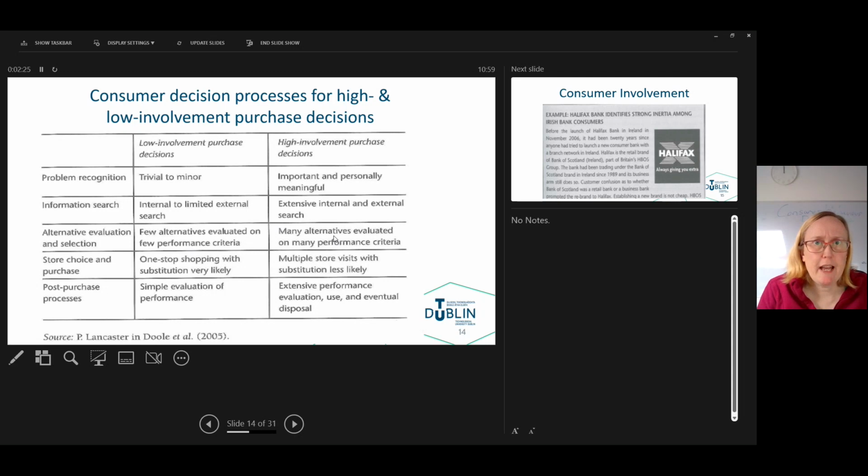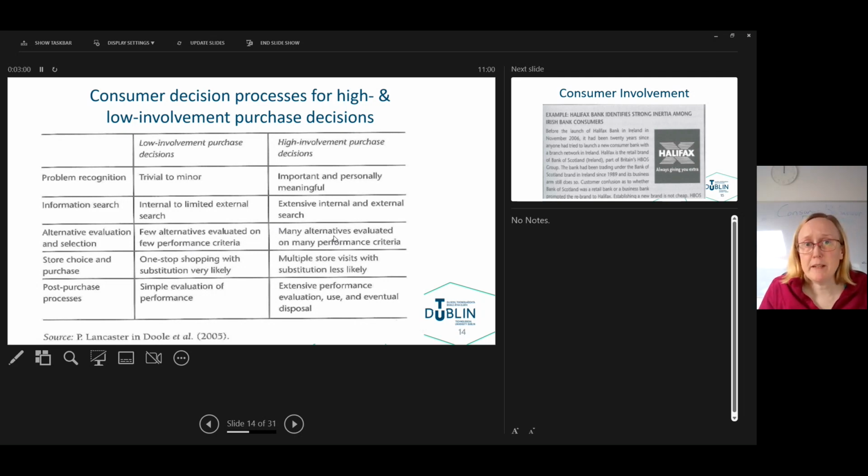And then the purchase stage, that's when the actual decision happens. So one-stop shopping with substitution very likely in case of low involvement. So again, you're in the supermarket situation, you're in a corner shop, you're buying multiple items at the same time. If the particular brand or product that you wanted isn't there, you're likely to throw something in the basket instead of it. So that's the substitution is very likely.